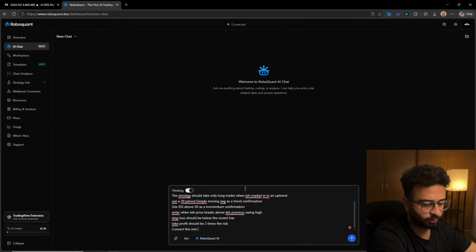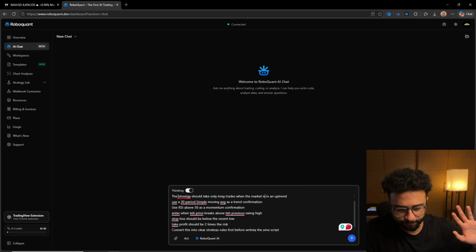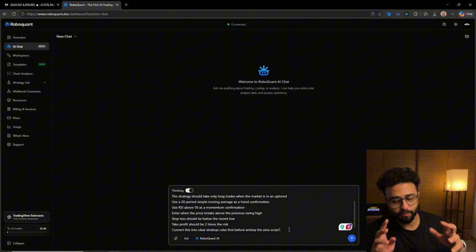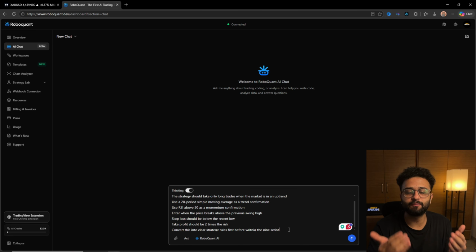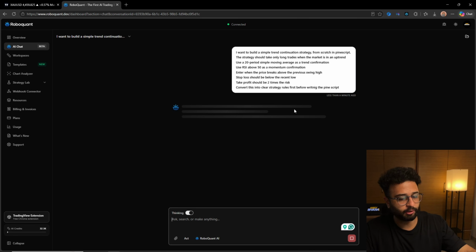Convert this into clear strategy rules first before writing the Pine script. All right. So now let me just correct the spellings first. Now that we have the prompt ready, I have also asked it to not code it in Pine script just yet. I want it to give me clear rules first. Then we decide if we need to change any rules, and then we can proceed. All right. Just hit enter.